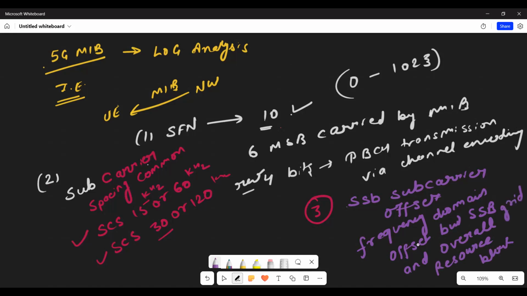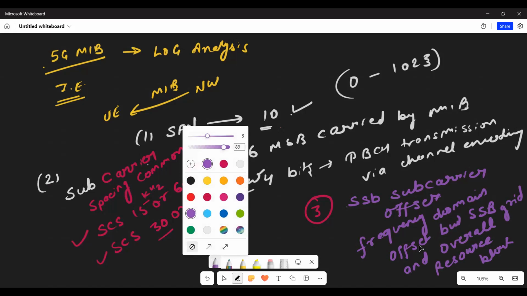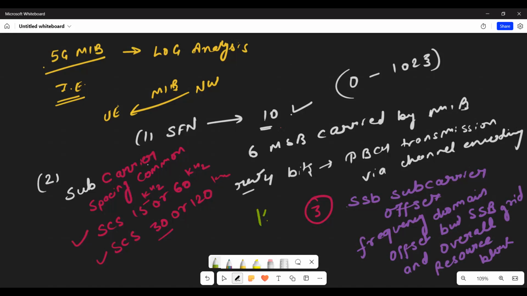Right? So it can also be represented via KSSB. Let me write it down. KSSB.